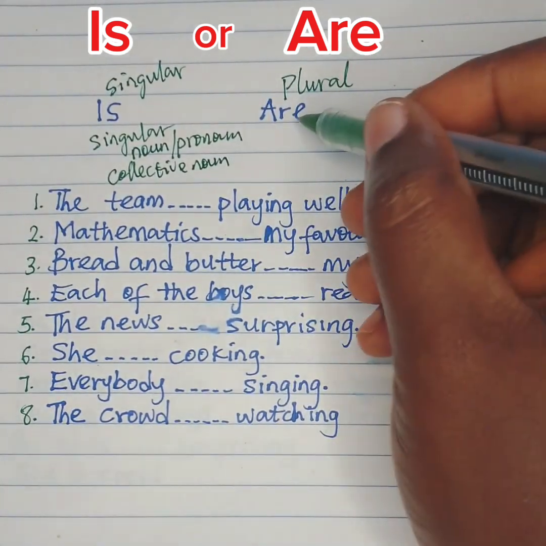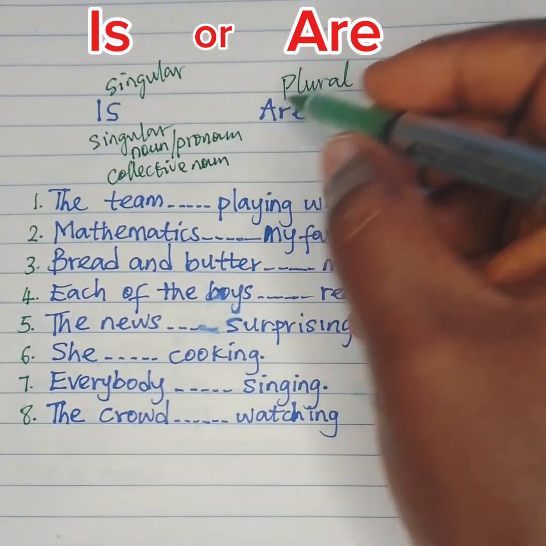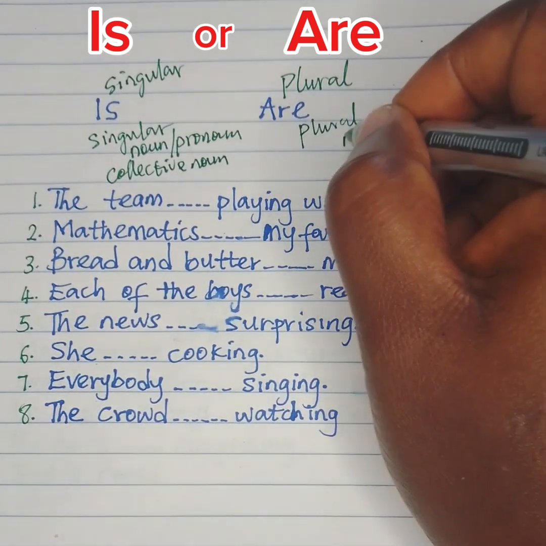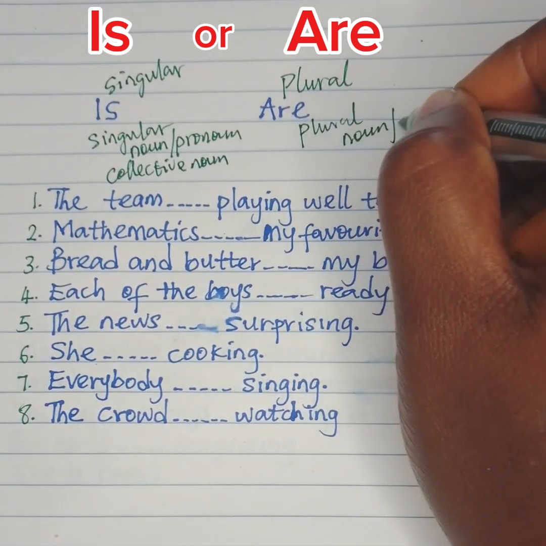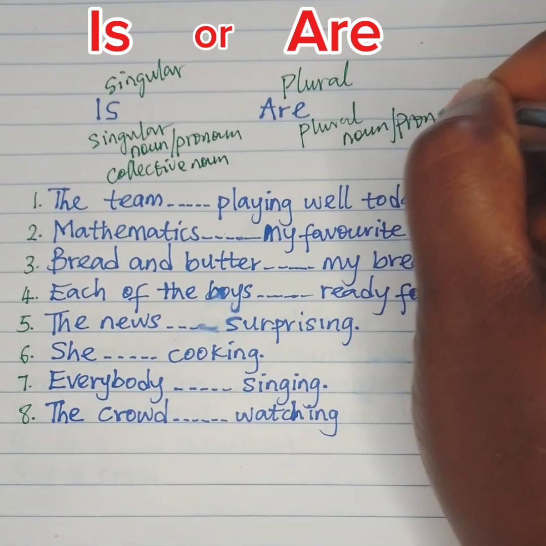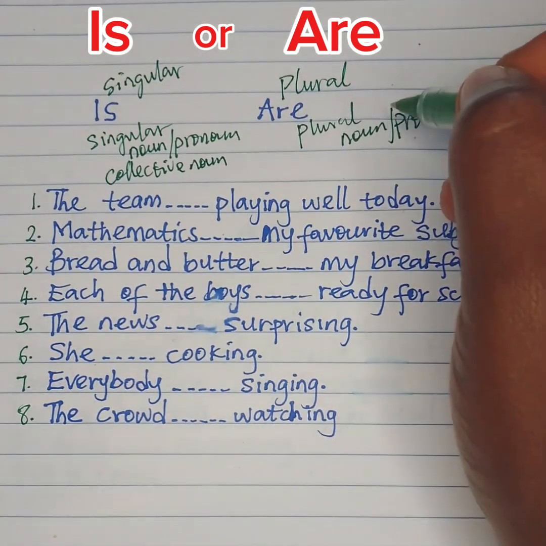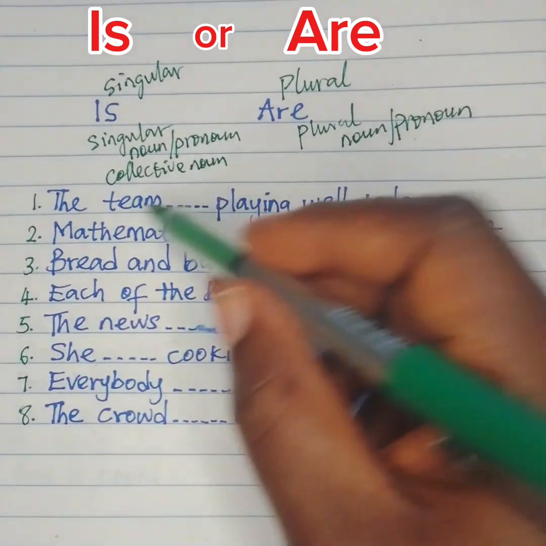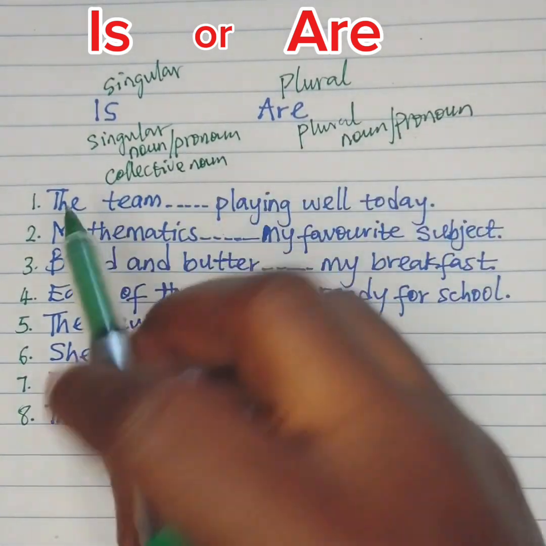For are, it is used when the keyword is a plural noun or pronoun. Okay, so let's see how we can use them to fill up these gaps to complete these tricky sentences.